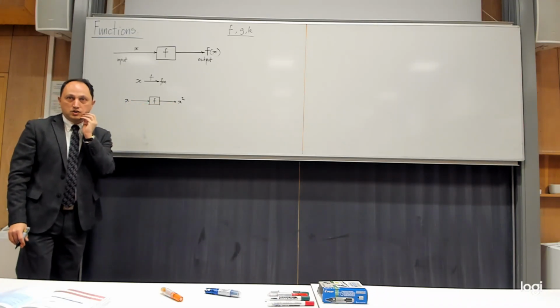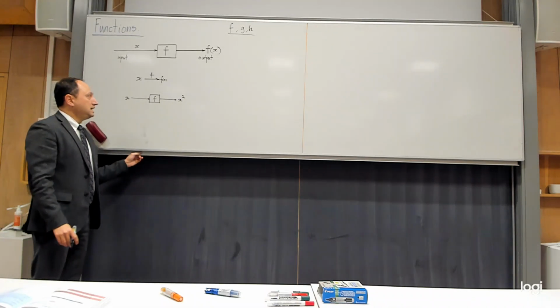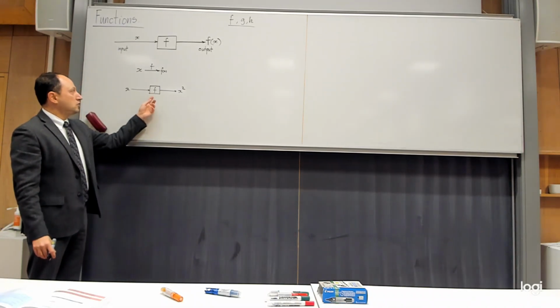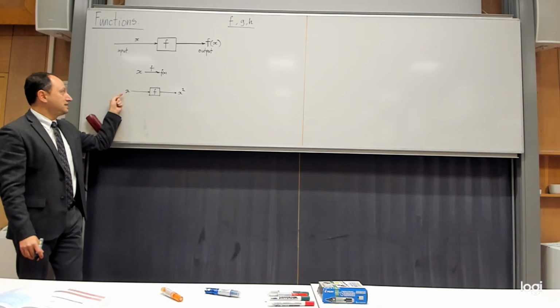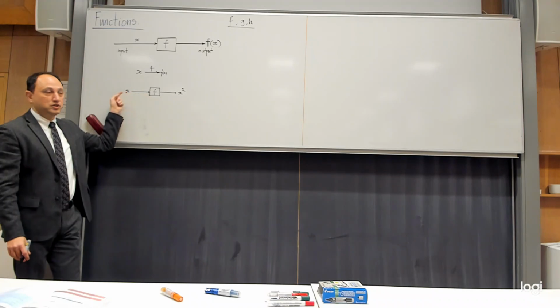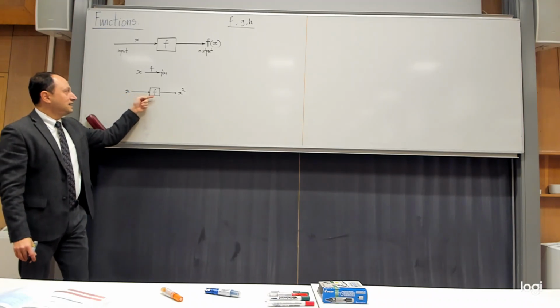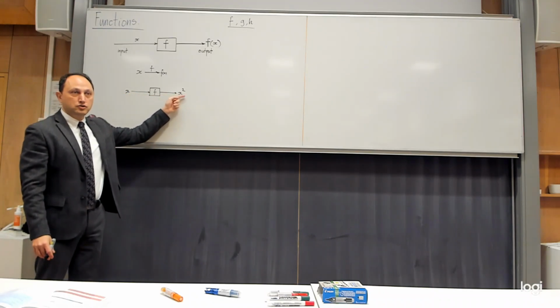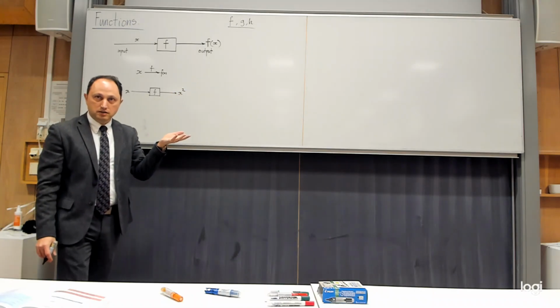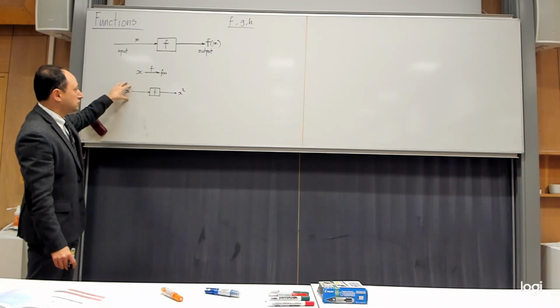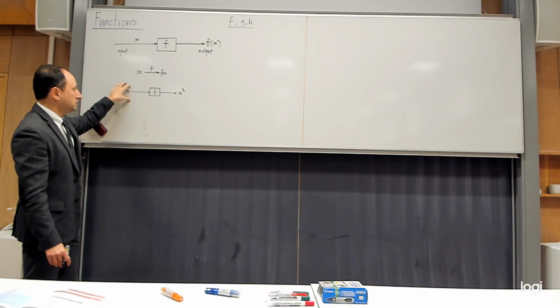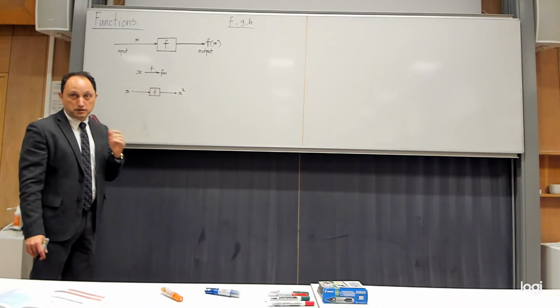Yes? So first of all, by looking at this diagram, you understand that X cannot be anything. For example, I cannot send the book in. Yes? Because if I send the book in, the output should be book to the power 2, which is meaningless. By looking at this function, you realize that this input should be a number, otherwise this cannot operate on it.